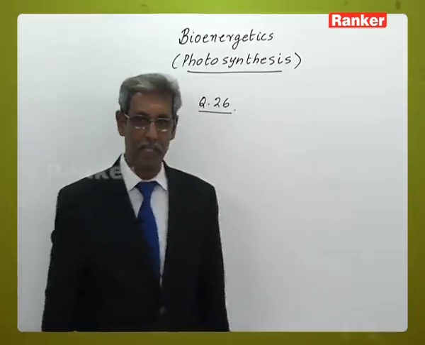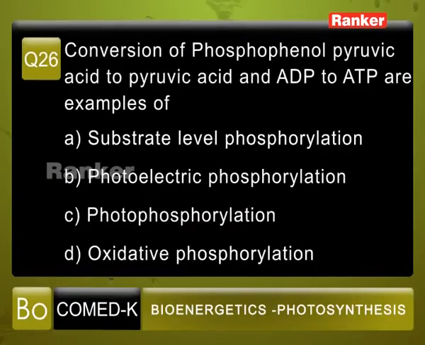Question number 26. Conversion of phosphoenol pyruvic acid to pyruvic acid and ADP to ATP are examples of A, substrate level phosphorylation, B, photoelectric phosphorylation, C, photophosphorylation, D, oxidative phosphorylation.